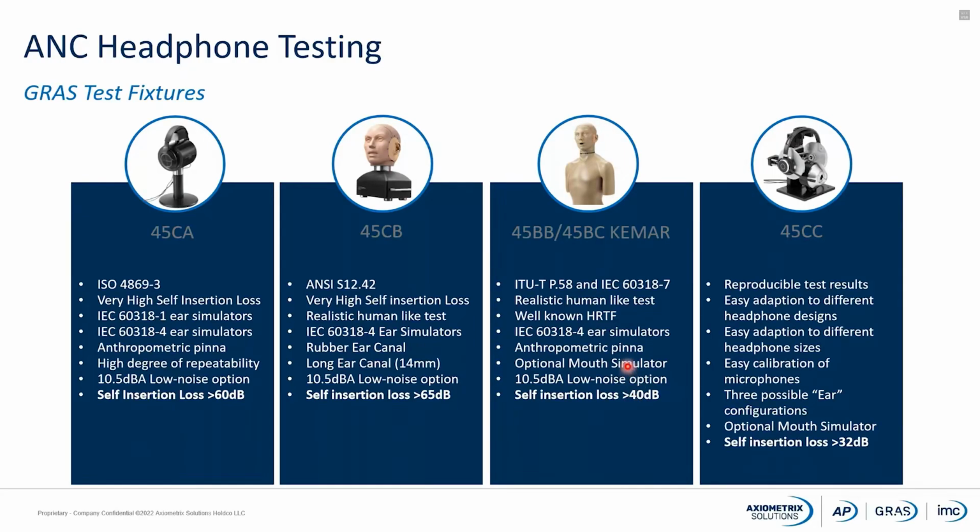If we have a very high performing device, we could be using something like the 45CB or the 45CA that have way higher self-insertion loss than the KEMAR, as we can see here, 65 dB and more than 60 dB for the 45CA. The limitation here is that they are not an ITU P58 standardized test fixture.